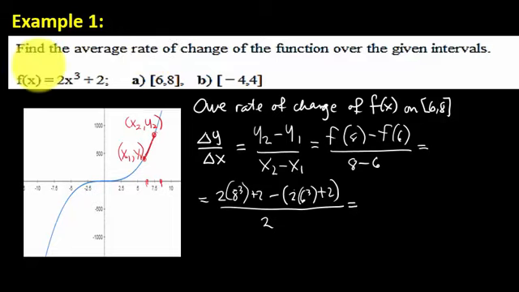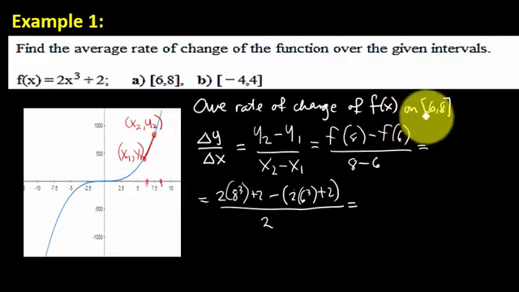Find the average rate of change of the function over the given intervals. In the interval from 6 to 8, we look at the y value corresponding to x equals 6, and the y value corresponding to x equals 8. We take the first point and label it x1, y1, and the second point is x2, y2.